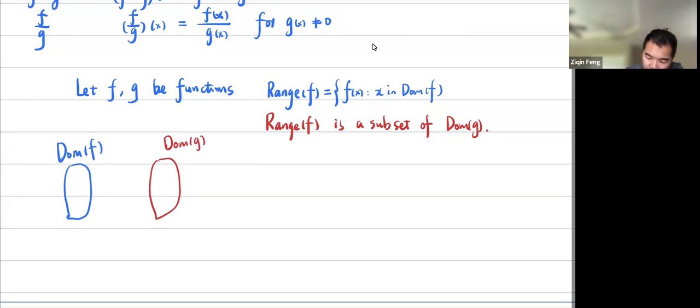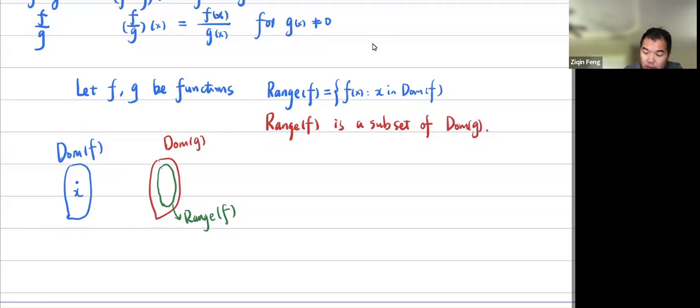Inside, you have the range of f. Now imagine you take an x from the domain of f.